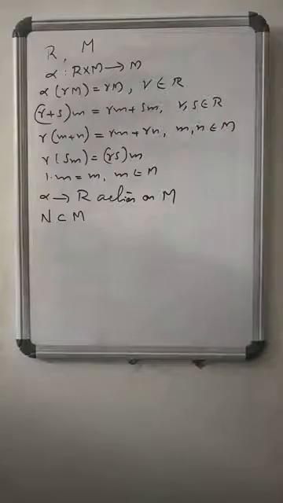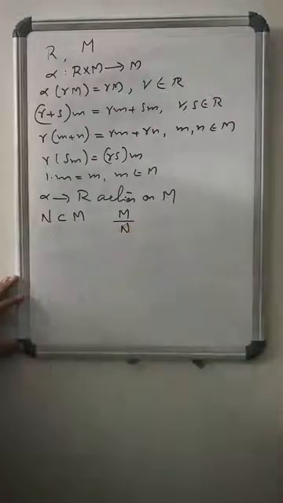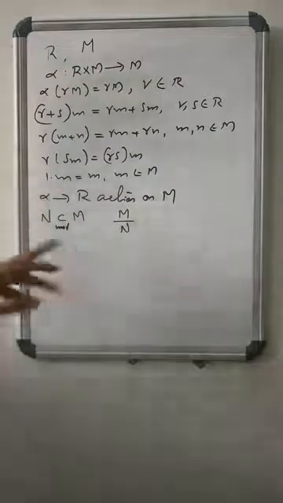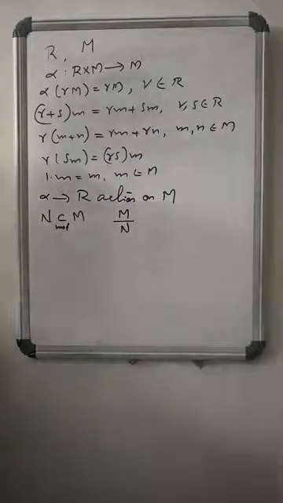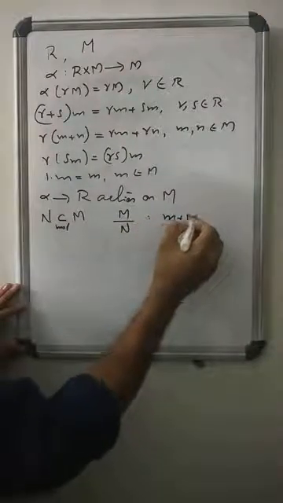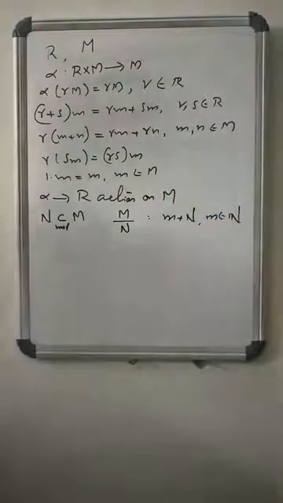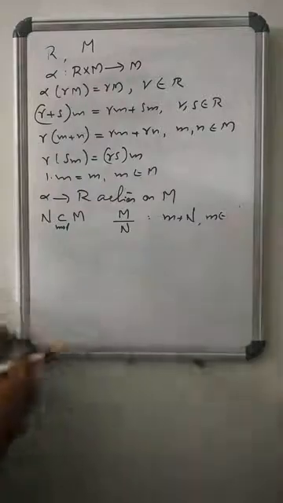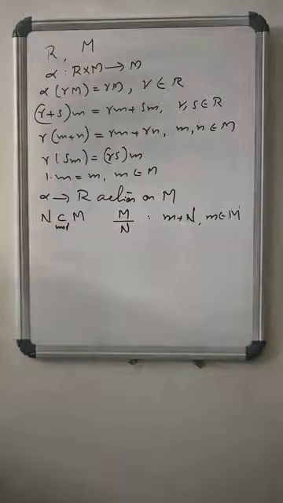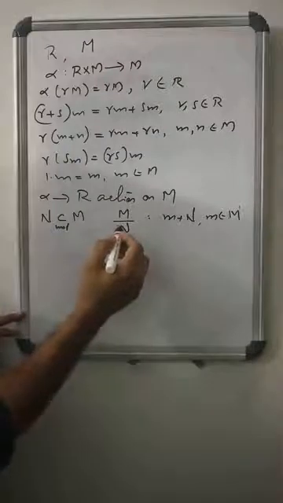Then N is said to be a submodule of M. Now, what is the quotient module? If M and N are any two modules and N is a submodule of M, then the quotient module is written as M by N, and any element in M by N is of the form m plus N, where m falls in M. Sorry, m falls in M, not N. So this is the expression of elements in the R module M by N. This M by N is said to be a quotient module.